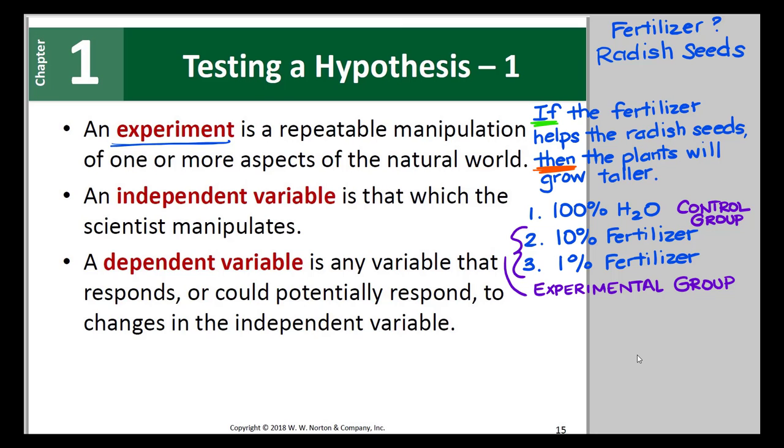Okay. Now there are 2 very important variables, really 3, but we'll talk about 2 first, and then we'll go back to the third one. 2 very important types of variables in an experiment. One is the independent variable, and that's the variable that a scientist is going to manipulate. It's also the variable that comes after the if in the prediction or the hypothesis.